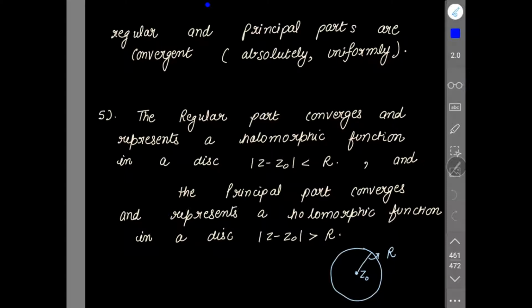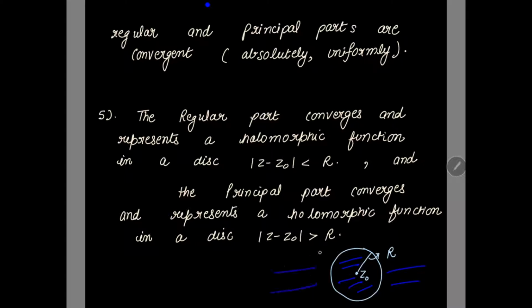Suppose you are having a point z0, a disk centered at the point z0 having the radius r, so inside this we are having the regular part. And the principal part converges and represents a holomorphic function in |z minus z0| greater than r, strictly, that means outside this disk.